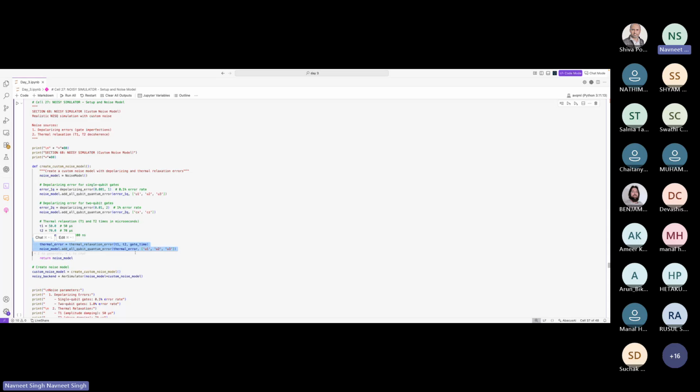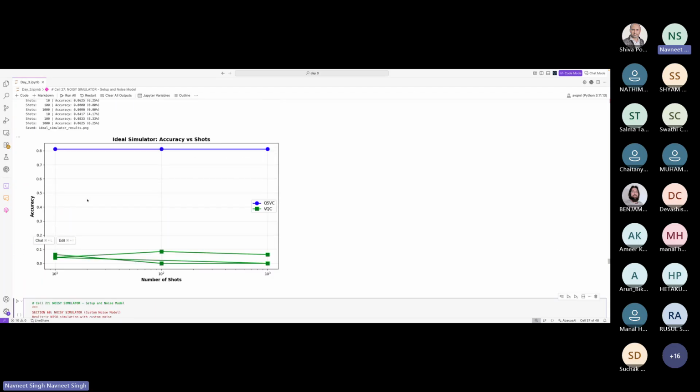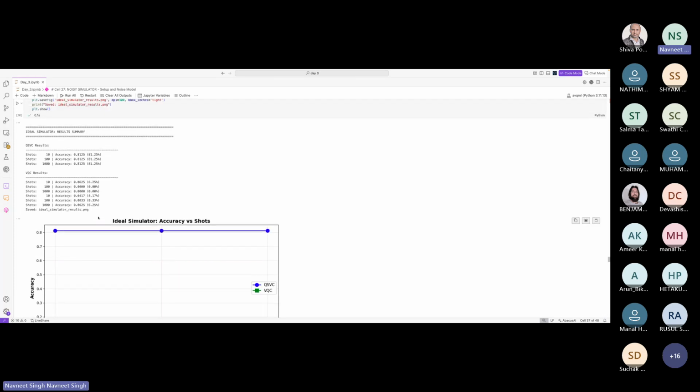In the same model, you can add other noises. There are noises called bit flip, phase flip, amplitude damping, decoherence, a lot of different types of noises you can test with. Before that, let's see our accuracy.